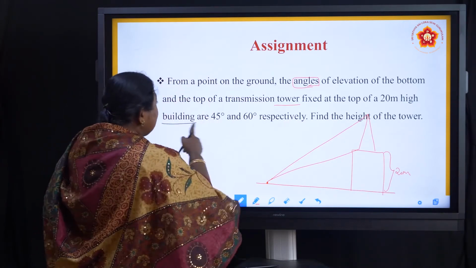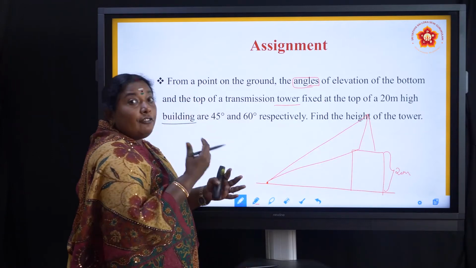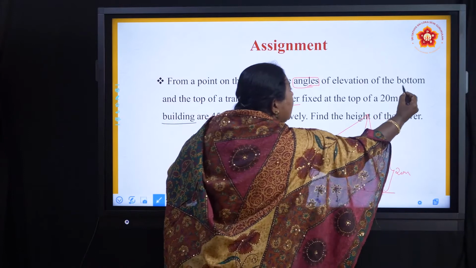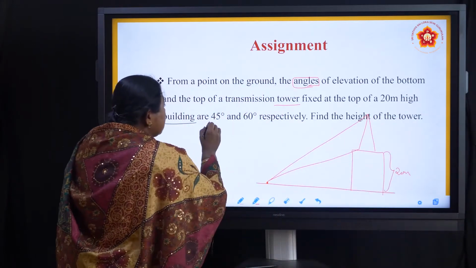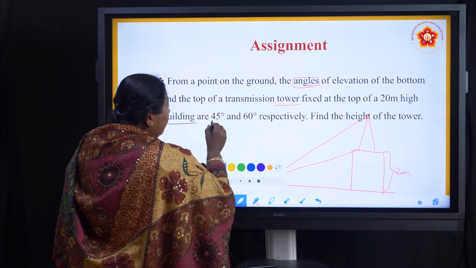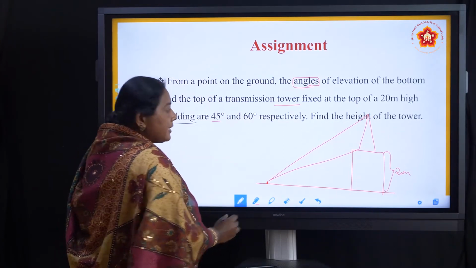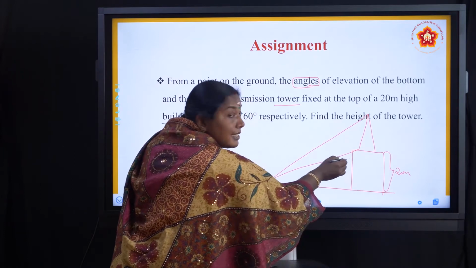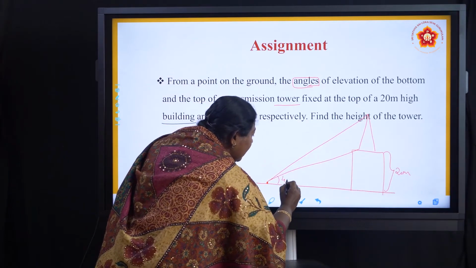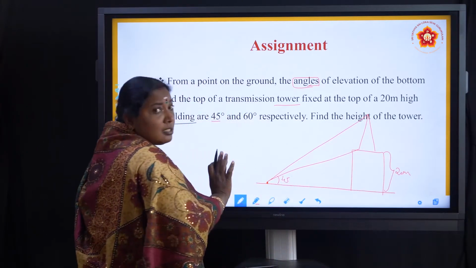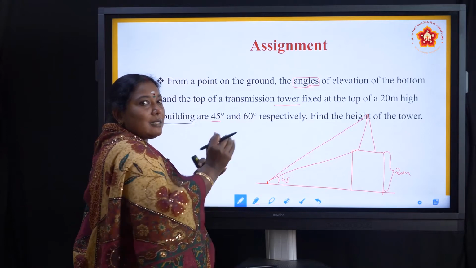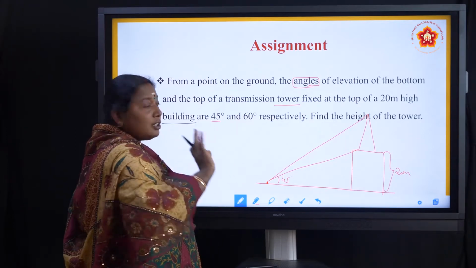Or if you are thorough with English, you can see the word bottom comes first, so the first angle, 45, is for the bottom, where the height is less. You can use either English or maths basics. Both things you can do.